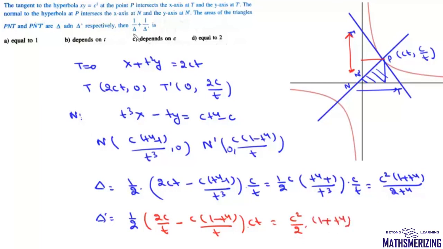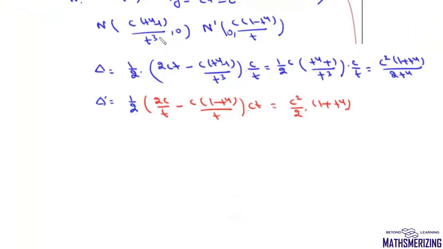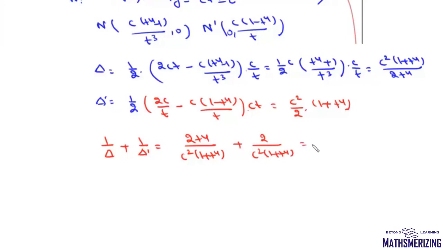Now we need to find the value of 1 upon delta plus 1 upon delta dash. So 1 upon delta plus 1 upon delta dash will be 2t to the power 4 upon c square (1 plus t to the power 4), plus 2 upon c square (1 plus t to the power 4).